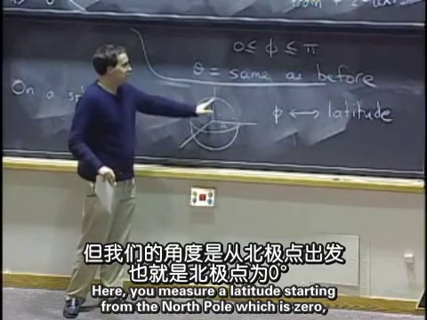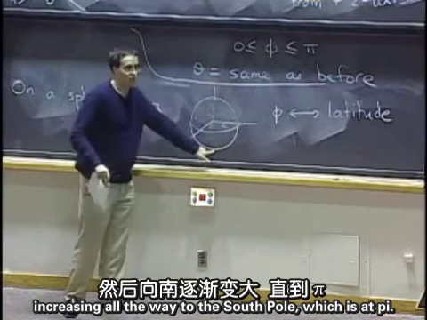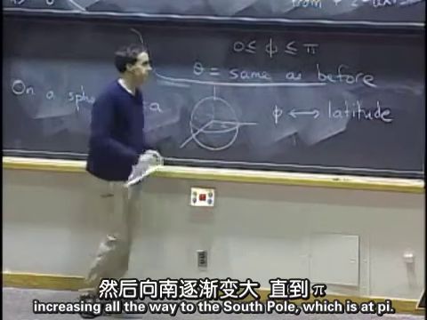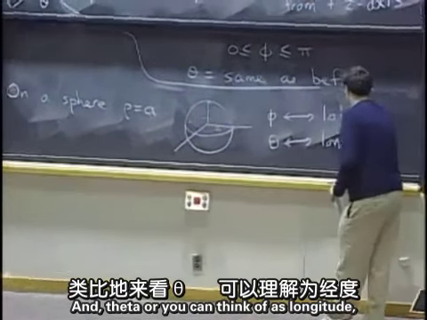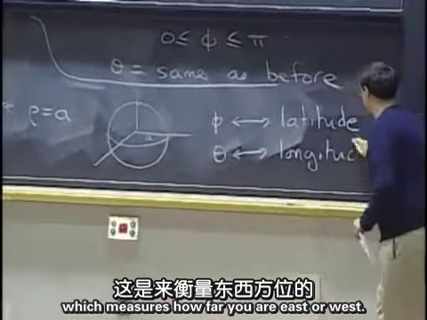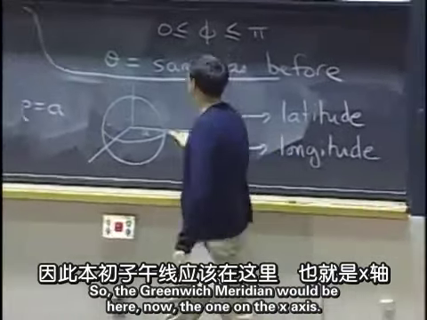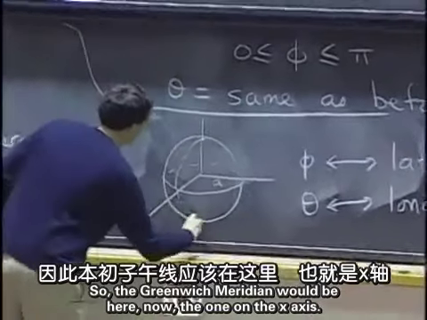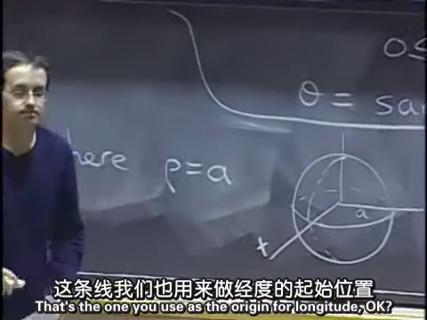Here you measure latitude starting from the North Pole, which is at 0, increasing all the way to the South Pole, which is at pi. And theta you can think of as longitude, which measures how far you are east or west. So the Greenwich meridian would be here, now the one on the x-axis. That's the one you use as the origin for longitude.